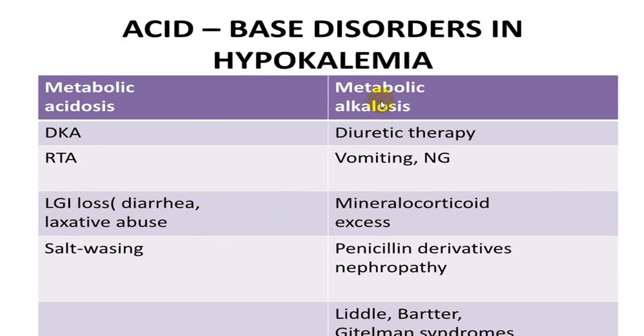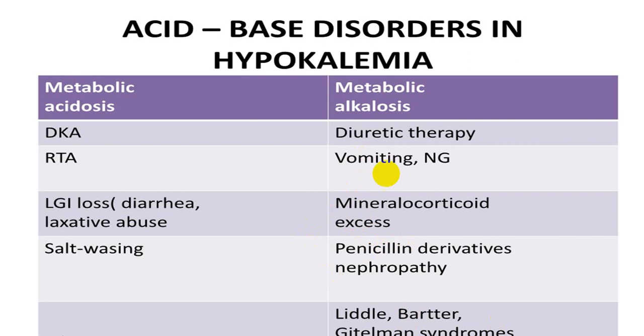But you will develop metabolic alkalosis in diuretic therapy, vomiting, nasogastric aspiration, mineralocorticoid excess, penicillin derivative nephropathy, Liddle's, Bartter's, or Gitelman syndrome, because here you get loss of H ions along with this treatment, and that's the reason why they also develop metabolic alkalosis.